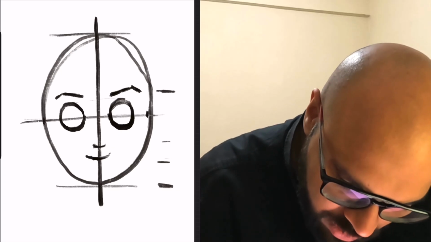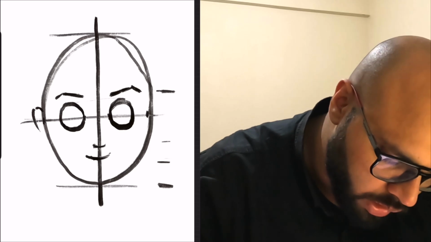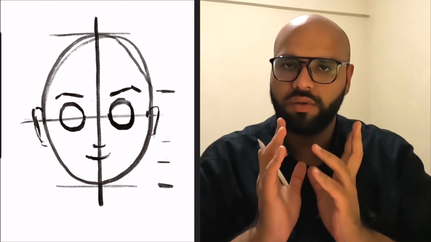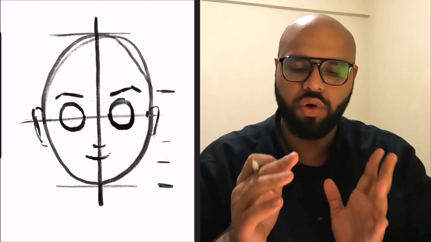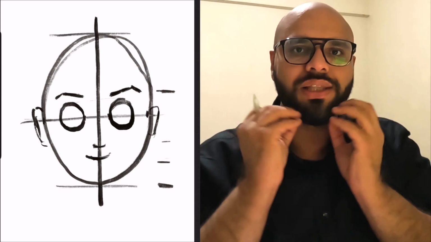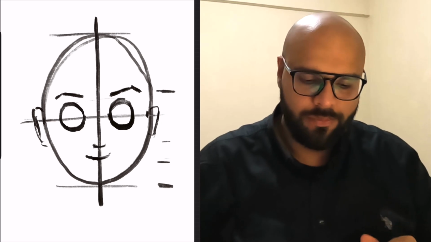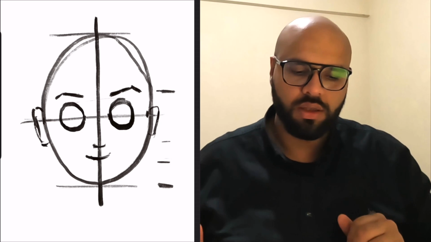So almost half an eye here and almost half an eye over here is this one. From here, I am just making a sort of shape for the ear. And if you notice, I haven't drawn any line for the jawline and the side of the face yet. This is just a hypothetical line right now.